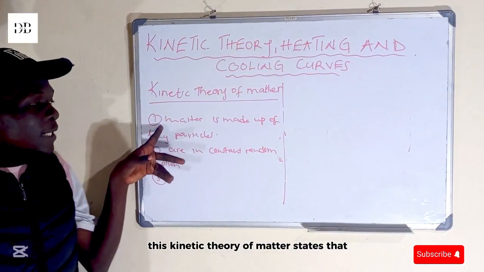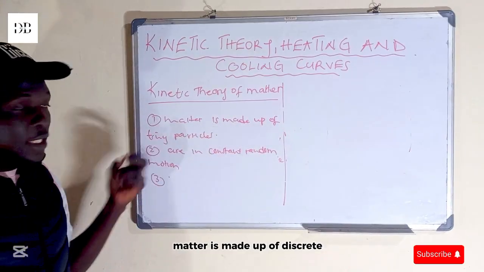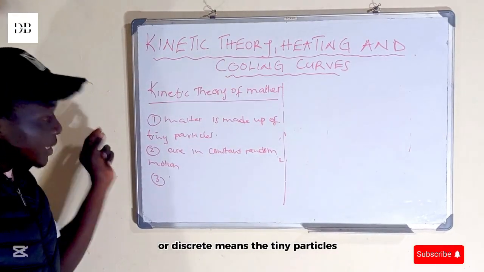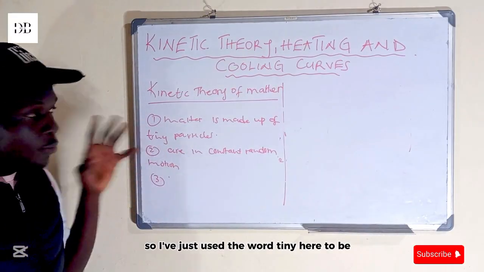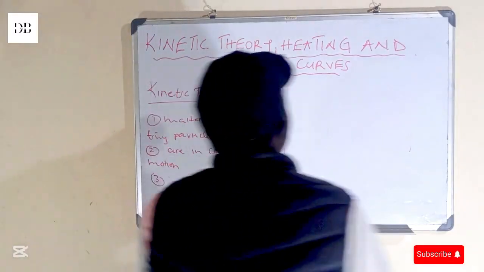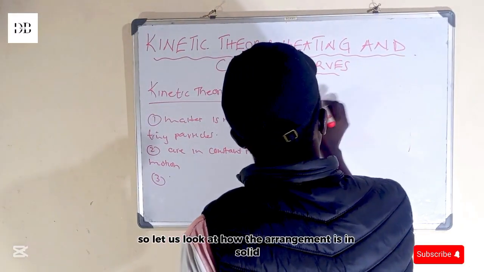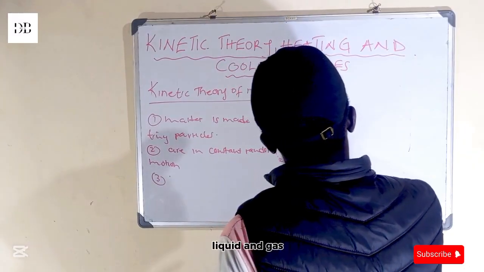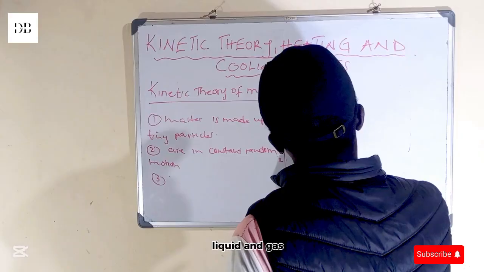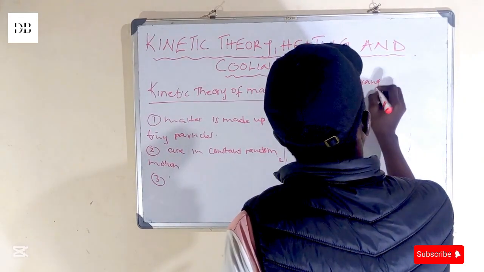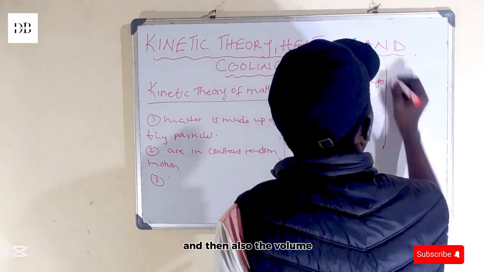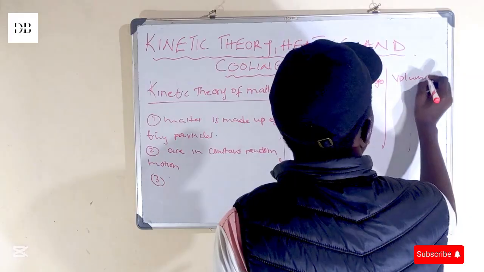This kinetic theory of matter states that matter is made up of discrete, or tiny, particles. So let us look at how the arrangement is in solid, liquid, and gas, and then also the volume.